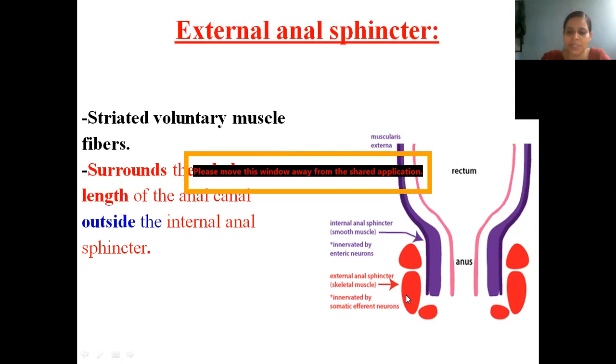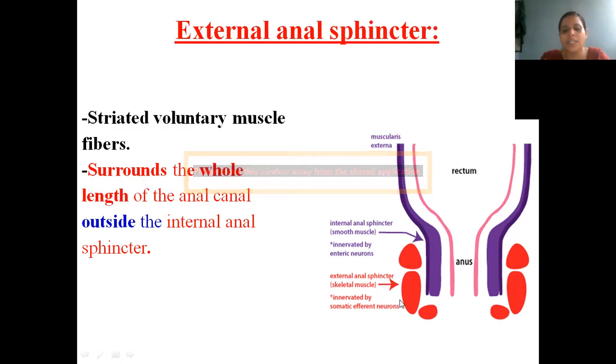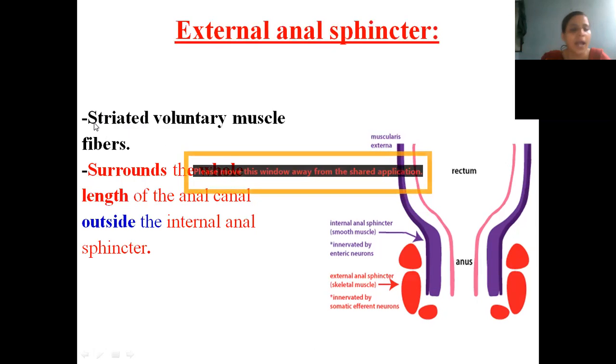Now coming to the sphincter which is outside, that is the external anal sphincter. This is striated voluntary muscle. When we are ready for defecation, only then will the sphincter relax and allow the fecal matter to pass out, unless we are suffering from severe uncontrolled diarrhea. Otherwise, it is completely under our control, and it is skeletal muscle, not smooth muscle.